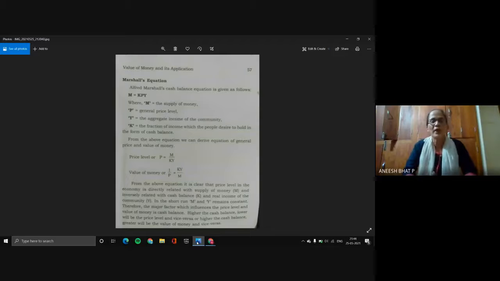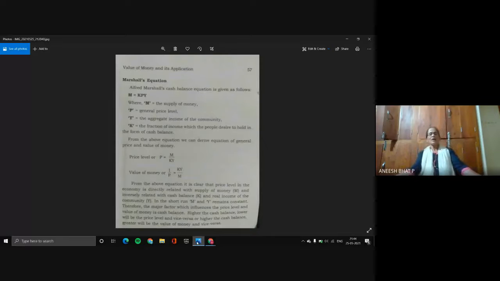Okay? So what's the active factor then? K is the active factor. K is nothing but cash balances maintained by the people during a given period of time. So K, that is the fraction of income, is the major factor which influences the general price level.